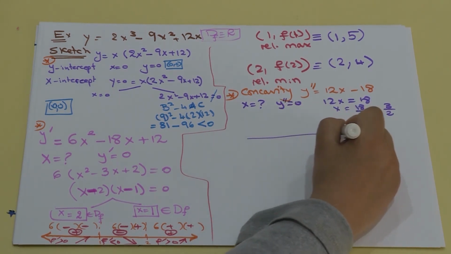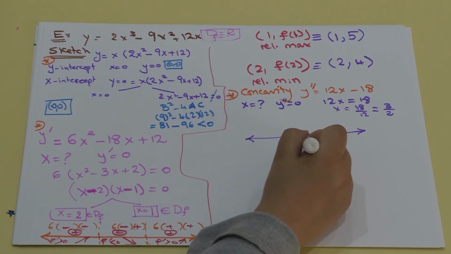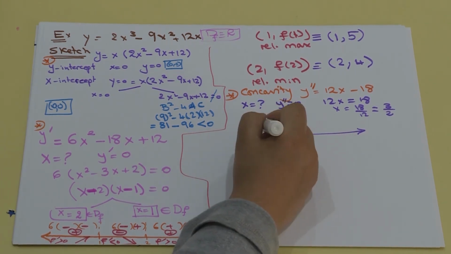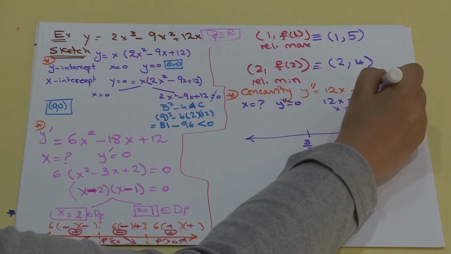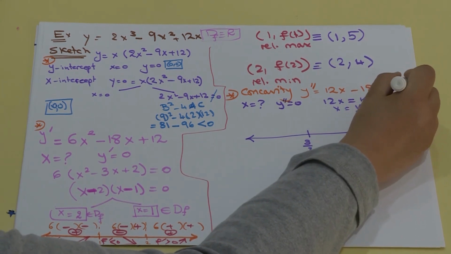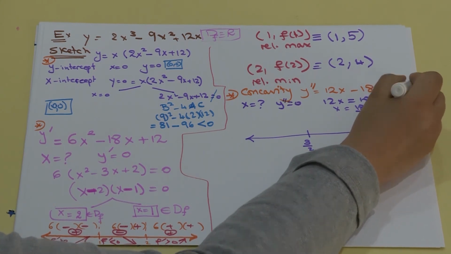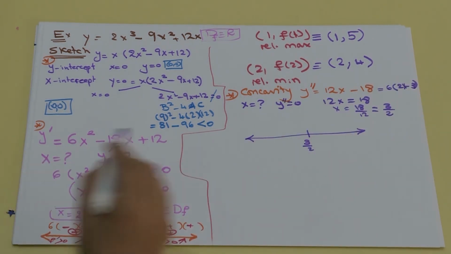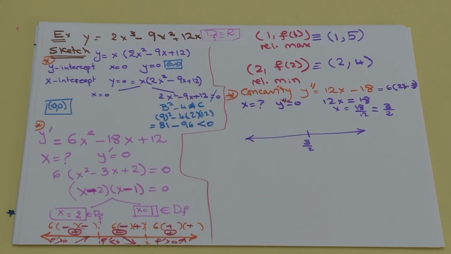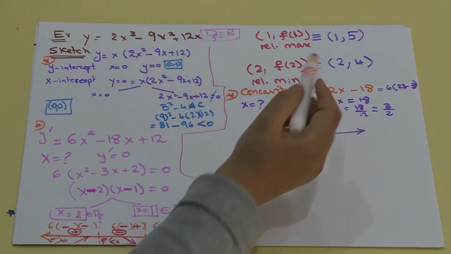I take it to the real line and I study to the right and to the left of 3 over 2 the sign of y double prime. If we write y double prime as 6 into 2x minus 3, this will make our life very simple. To the left of 3 over 2, the easiest thing is to take 0.